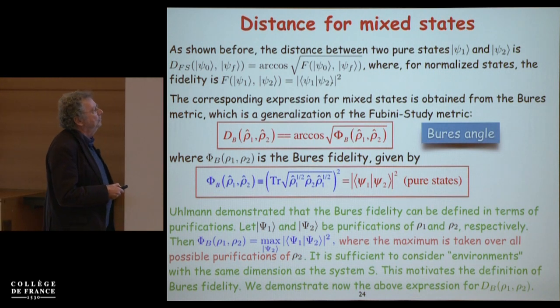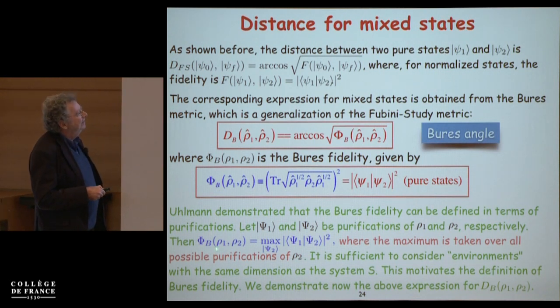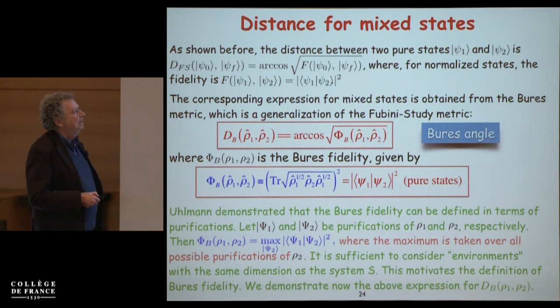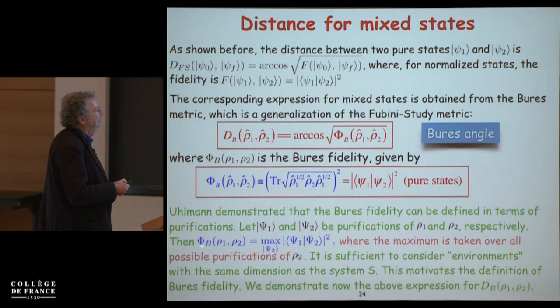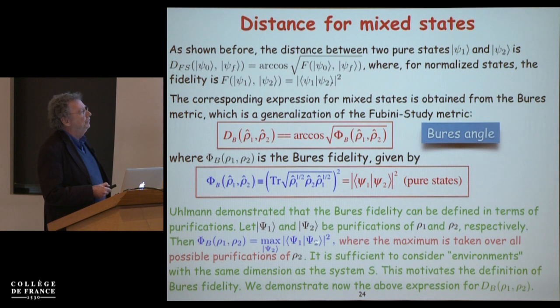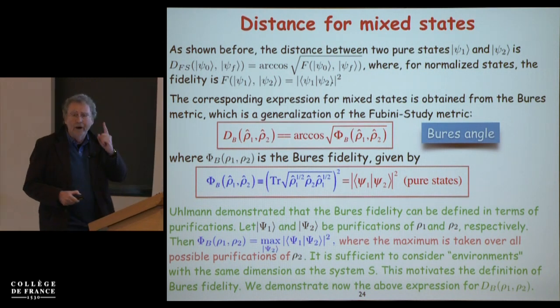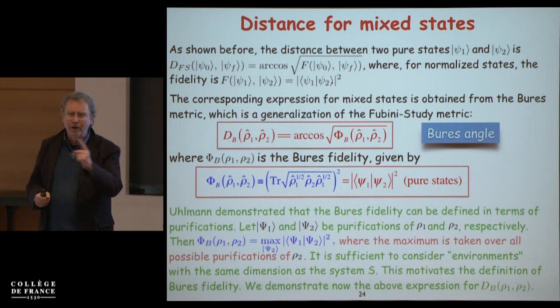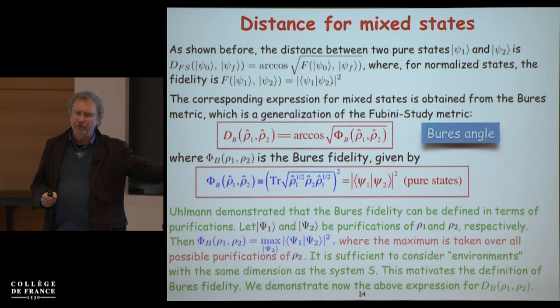What Bures showed is that the Bures fidelity can be expressed in terms of purifications of ρ1 and ρ2, the famous purifications coming again. And what he actually showed is that this fidelity is the maximum value of the scalar product between 2 purifications, when you look for the maximum of this scalar product over all possible purifications of one of the density matrices. You just have to look for the maximization over one of the purifications. You don't have to care about both of them.